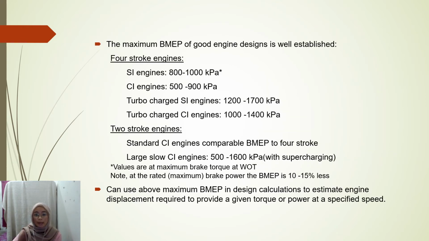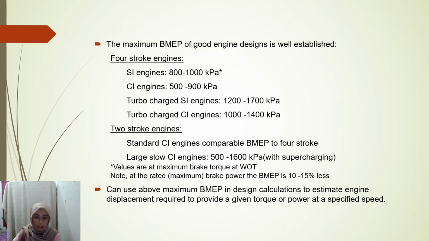The maximum BMEP of good engine designs is well established. For 4-stroke engines, SI engines are around 800 to 1000 kPa, CI engines 500 to 900 kPa. For turbocharged SI engines, 1200 to 1700 kPa, and for turbocharged CI engines 1014 to 1400 kPa.